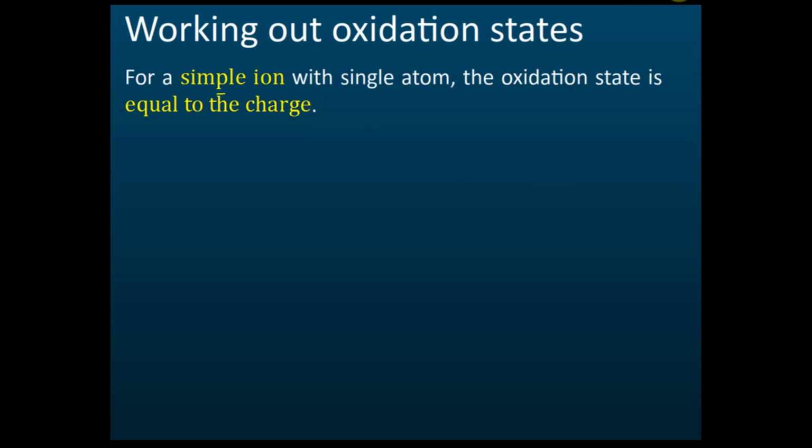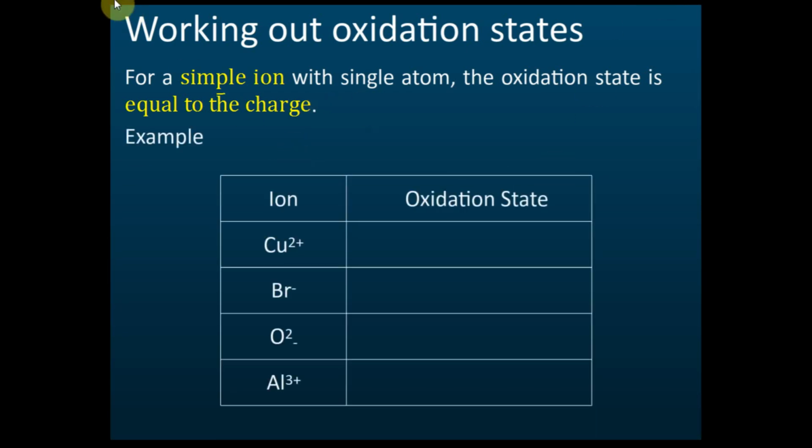Let's see this table. We have copper ions, bromide ions, oxide ions, and aluminium ions. What's the oxidation state of these copper ions? +2, you must tell the positive or negative sign. Bromide, what's the oxidation state? -1, that's correct.